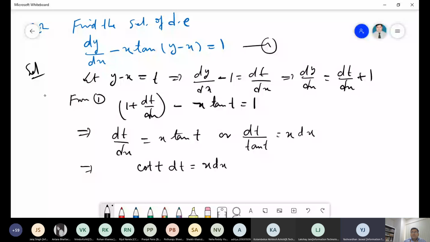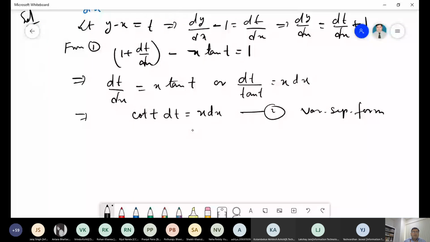This equation is now in variable separable form. Now we can integrate it, so integrating both sides.